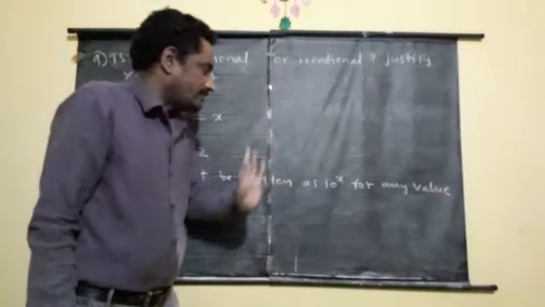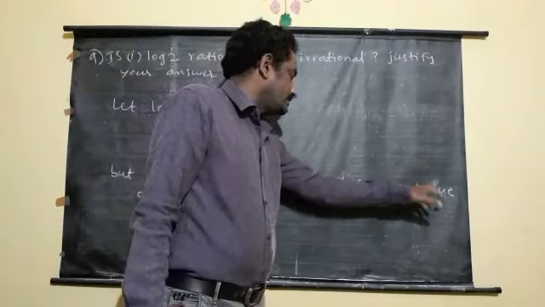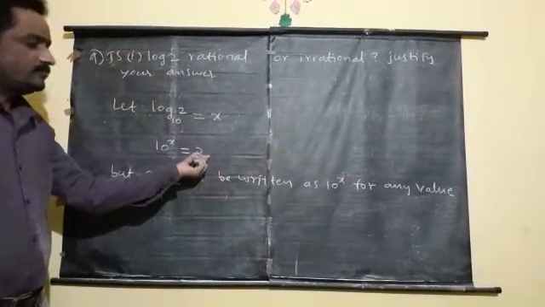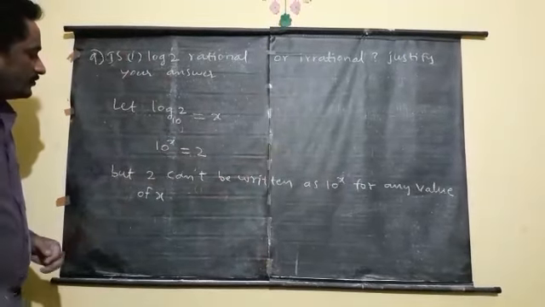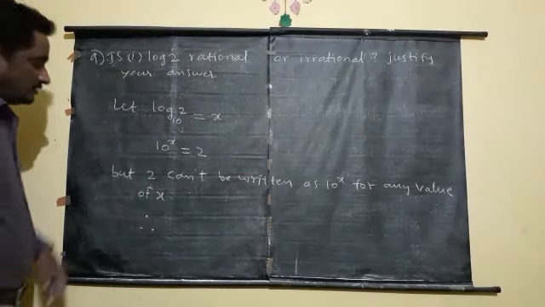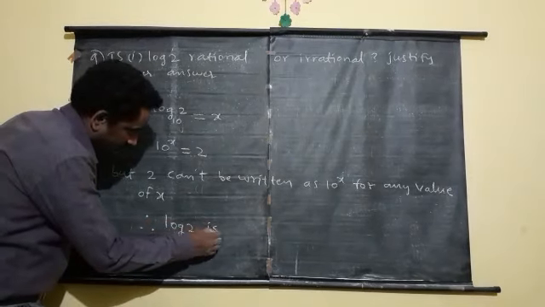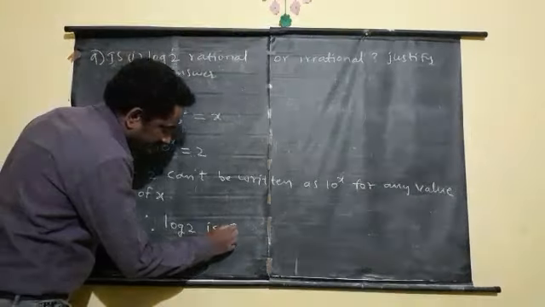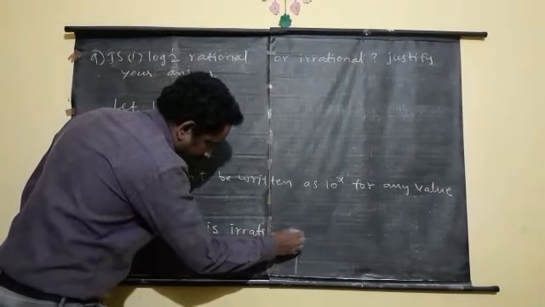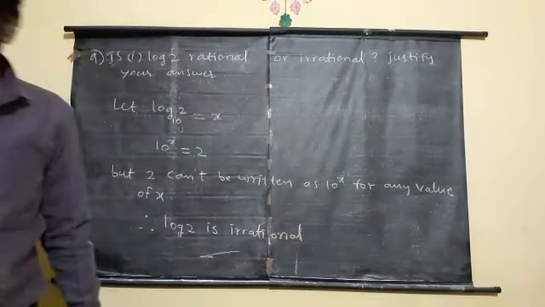So, therefore, we can write that log 2 is irrational. Therefore, the given term log 2 is irrational. Over.